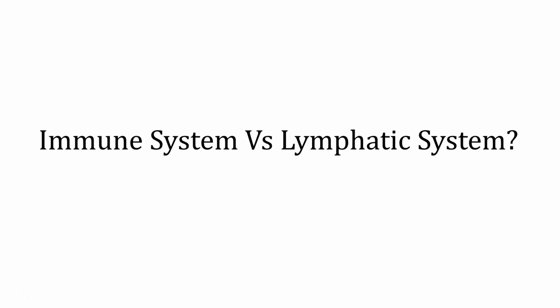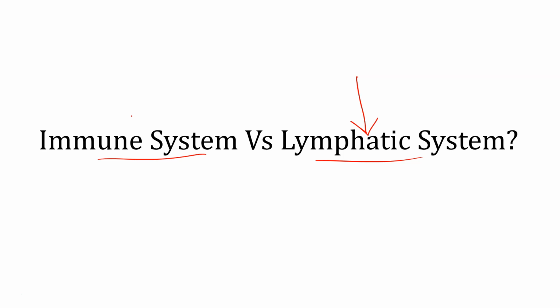Now you might be wondering, what is the difference between immune system and lymphatic system? The quick answer is that the lymphatic system is more of an organ system in that it has specific organs that are part of it, specific tissues, and specific kinds of cells. The immune system is a little bit different because even though it's important and it has many roles in our body, there aren't immune organs specifically.